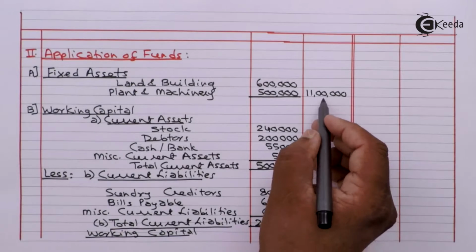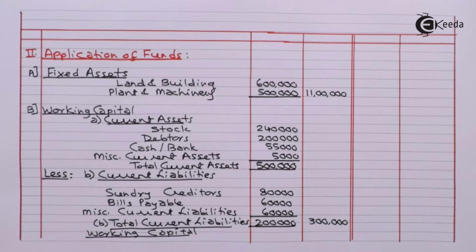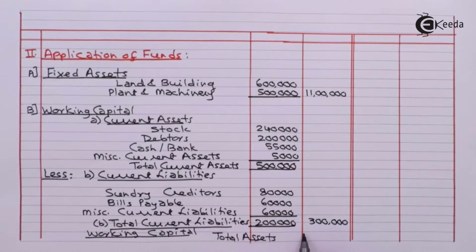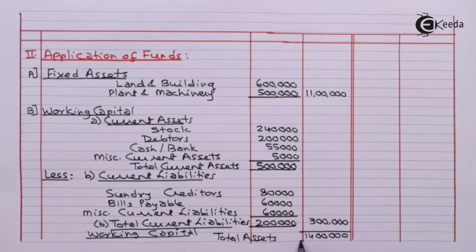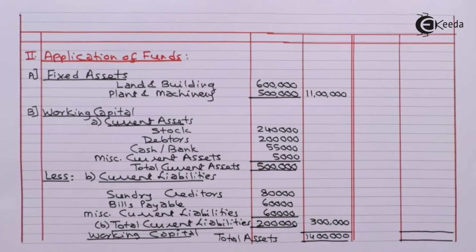Fixed assets 11 lakhs. Working capital 3 lakhs. Finally we have total assets 11 plus 3, 14 lakhs. We have completed balance sheet.